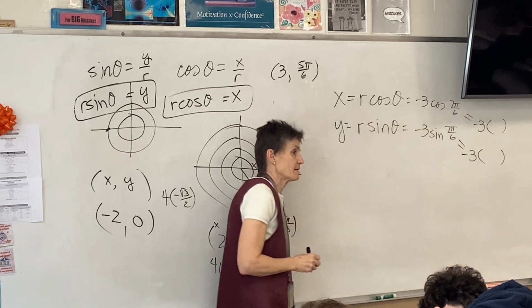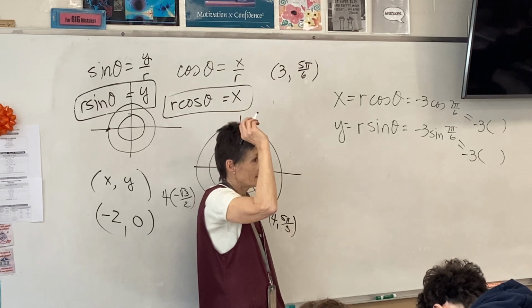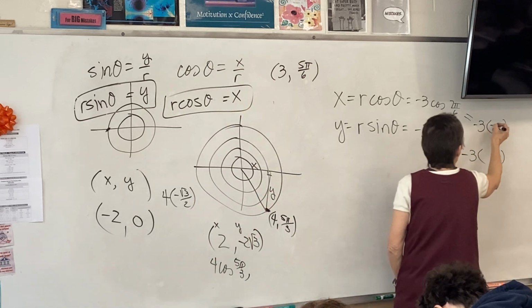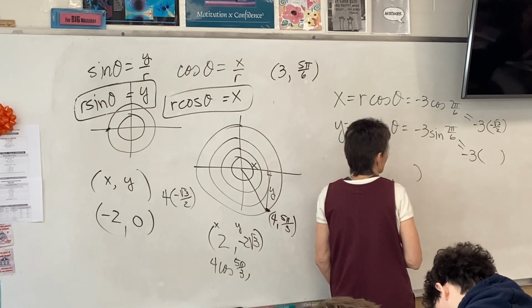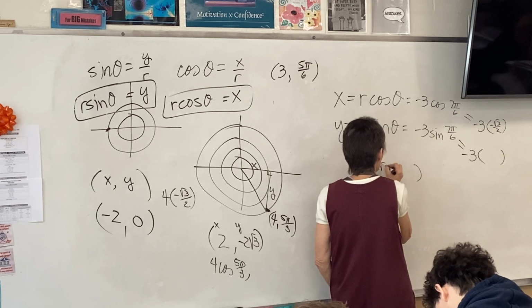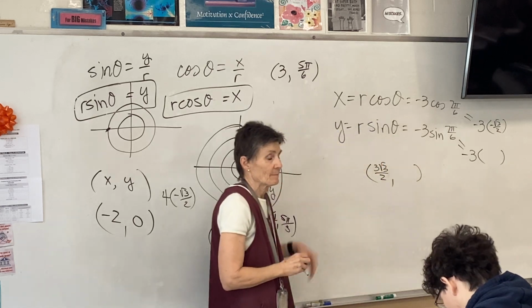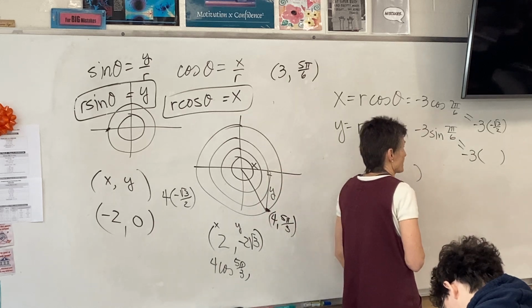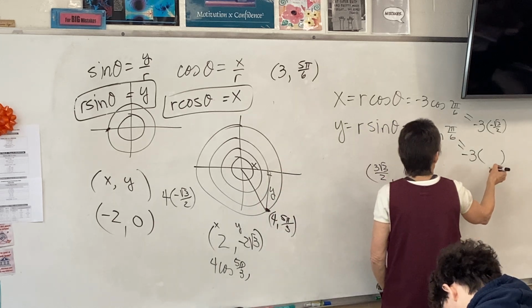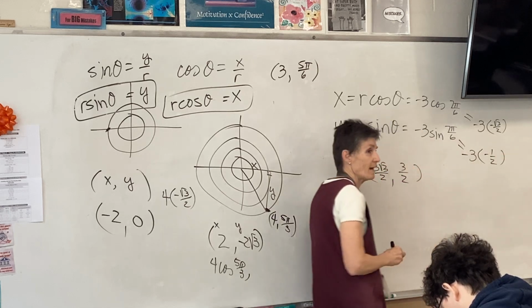What's the cosine of 7 pi over 6? Negative root 3 over 2. So my x coordinate is going to be positive 3 root 3 over 2. What's the sine of 7 pi over 6? Negative 1/2. So this is going to be 3 halves, and there it is.